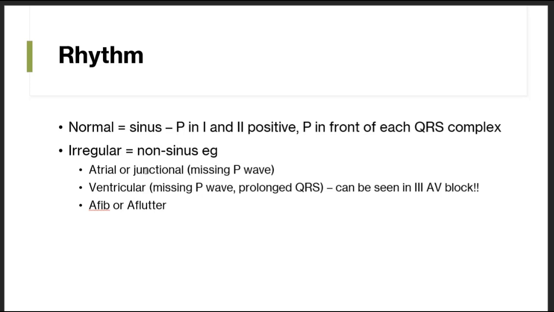So on the ECG tracing, what you'll essentially see is P waves and the QRS complexes. They are independent of each other, like they're just happening on their own accord. There's no connection between them, which is abnormal, obviously. We'll get to an example in a bit. And then another example of irregular rhythm could be atrial fibrillation or flutter.